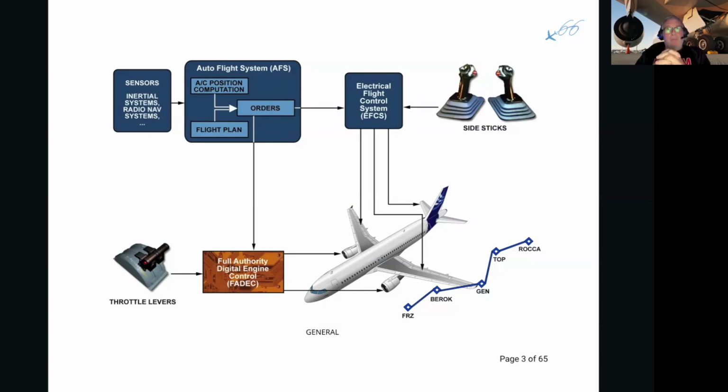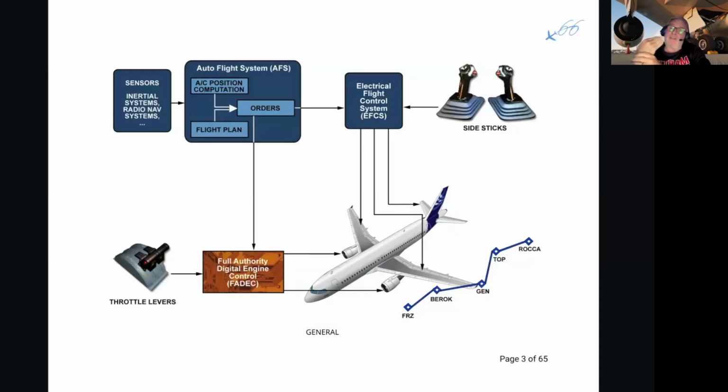The first MCP, or autopilot, that the 737 had was built by Honeywell, and Honeywell was the patent holder of the automatic throttle system, which Boeing had, which is a moving throttle.